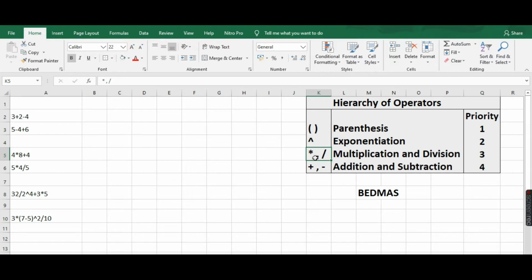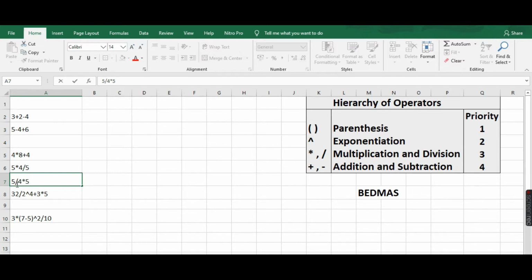So, if multiplication comes at the left, Excel evaluates the expression from left to right like this. Here the multiplication comes at the left, so MS Excel first evaluates this multiplication operation, followed by the division operation. And if you look at the next one, 5 divided by 4 multiplied by 5, I'm just exchanging their positions.